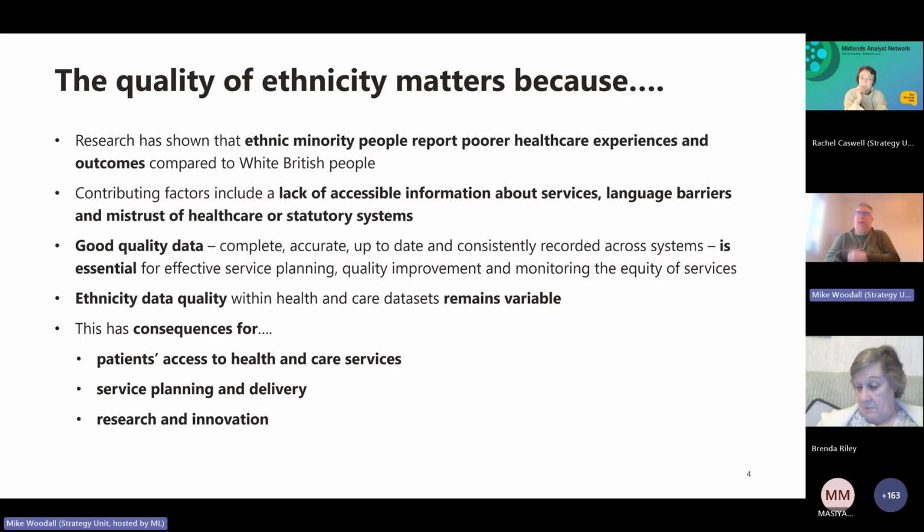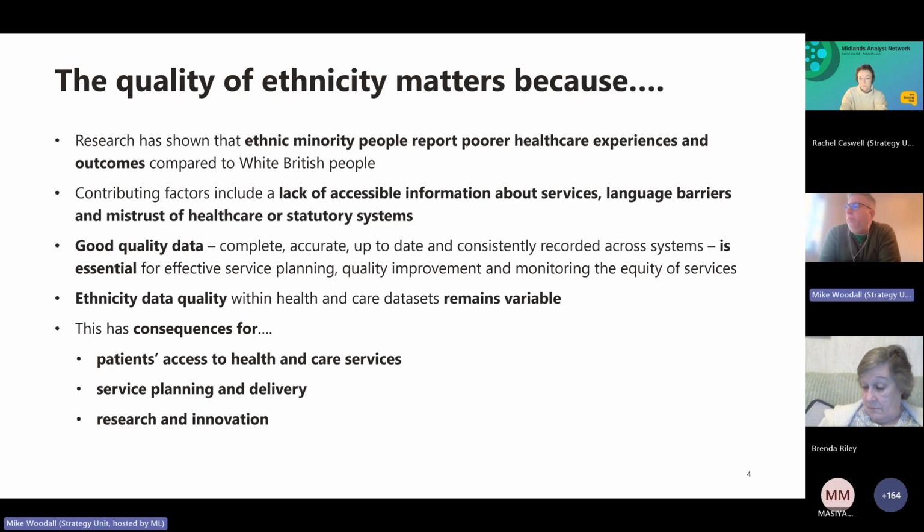In terms of this, I don't think we really need to reiterate this. Well, I know we do need to reiterate this a lot, but everybody knows that research has shown that ethnic minority people report poorer healthcare experiences and outcomes compared to white British people. This is partly due to lack of accessible information about the services, language barriers, and a mistrust of healthcare and statutory services.